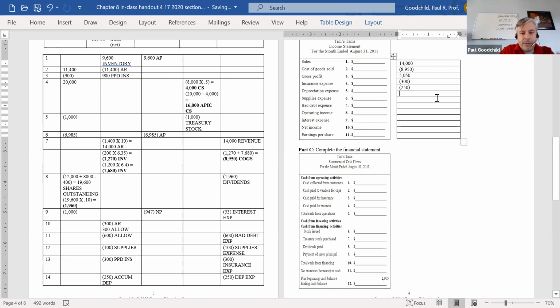Supplies expense, 100. Bad debts expense of 600. So that's what, 550, 650, 1250.